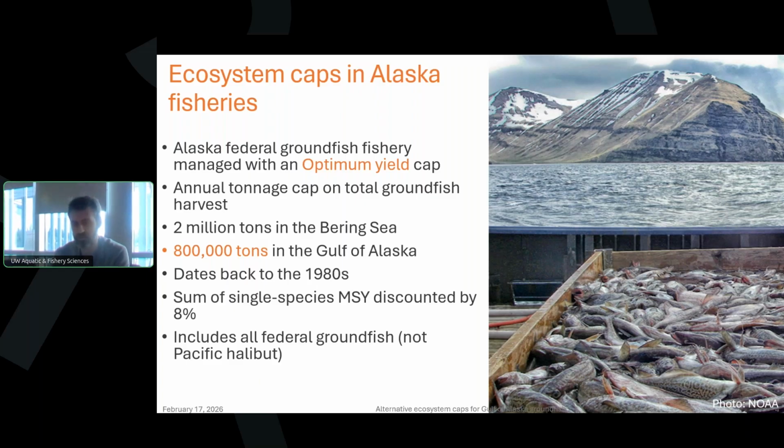So like I said, this includes all the groundfish. It does not include things like Pacific halibut, because that's managed under the IPHC. It doesn't include salmon, forage fish, or anything like that. But hopefully that gives you an idea of what these caps are.